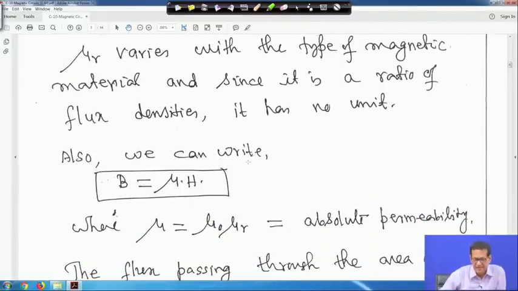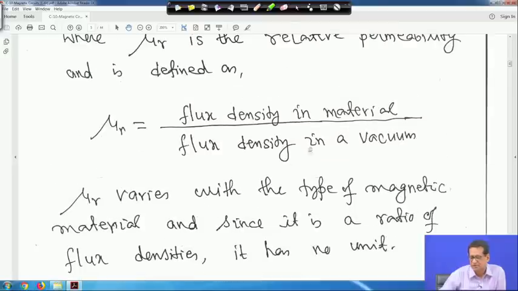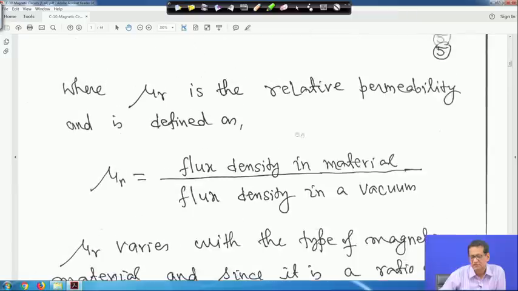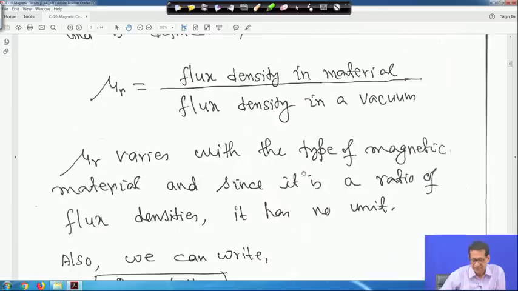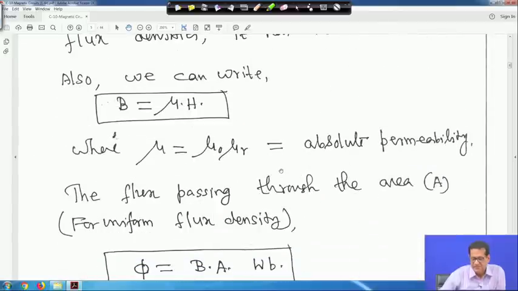Also, we can write that B is equal to mu into H, instead of mu 0 we can write mu, for any particular material. Here mu is equal to mu 0 into mu r, and it is called absolute permeability.